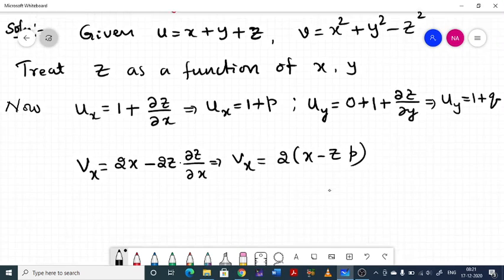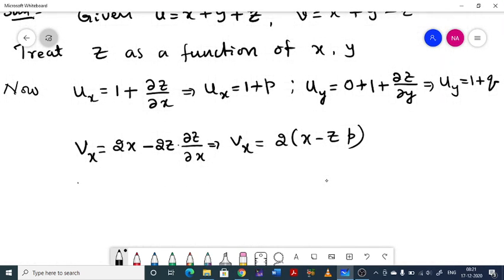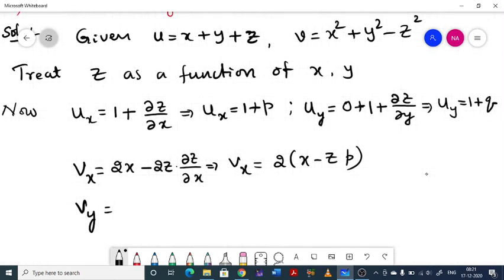Next there is vy. That is 2y minus 2z into dou z by dou y.